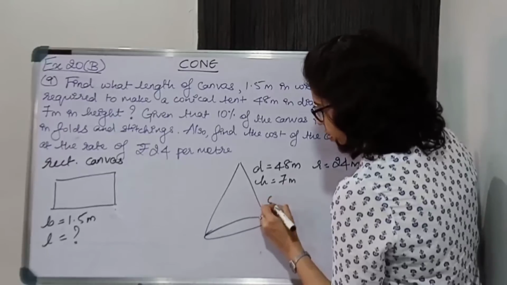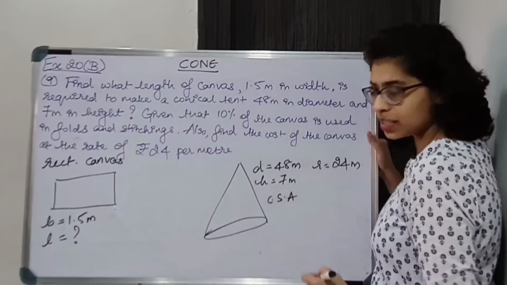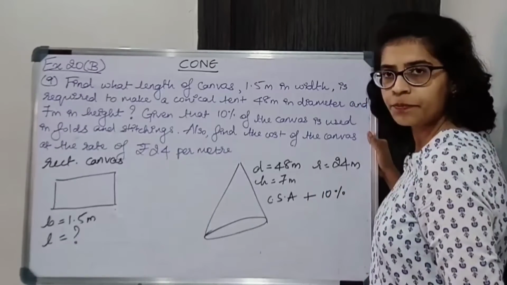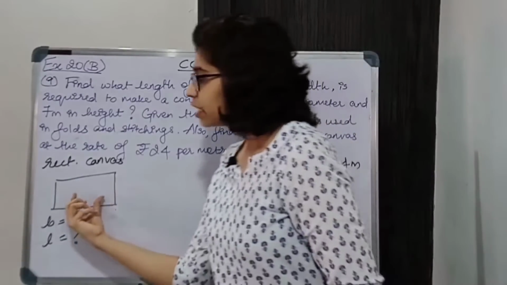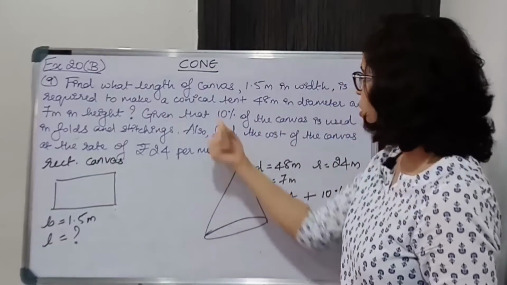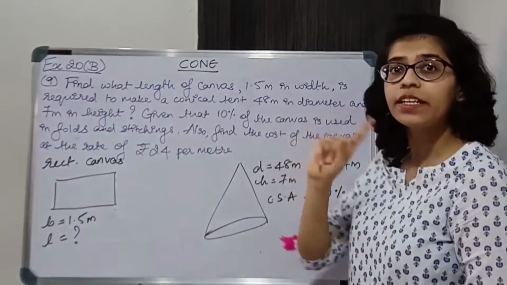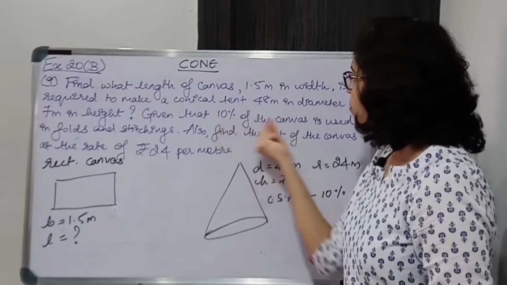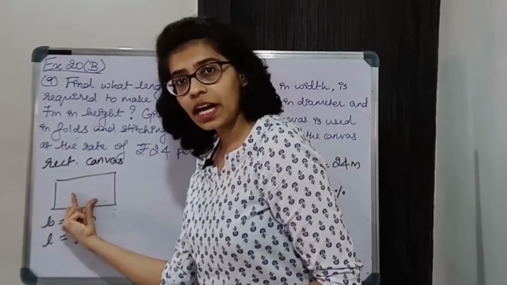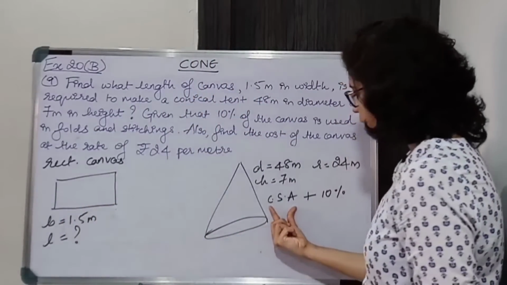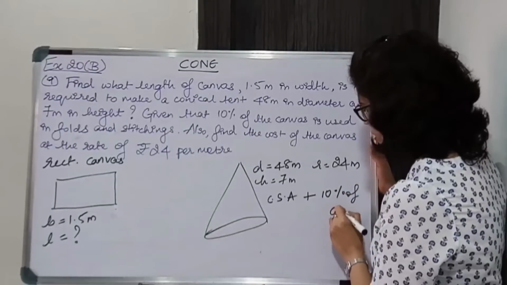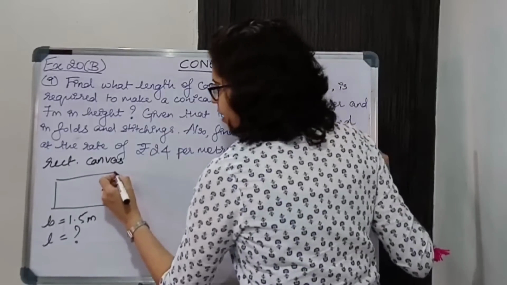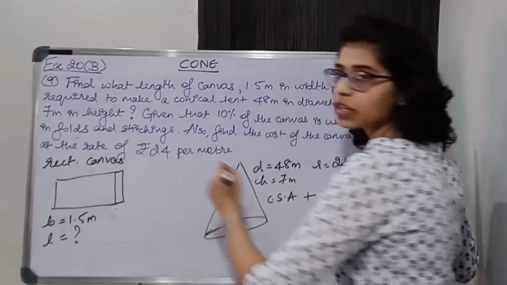So curved surface area of this plus the 10%, okay, 10% of इसका area, not इसका area, because given that 10% of the canvas is given, not the 10% of the conical tent का area. Okay, it is not given over here. 10% of the canvas, so 10% of this canvas. Okay, so CSA plus 10% of canvas. Okay, दोनों को मिला के पूरा ये 100% पता चलेगा, इसका पूरा area पता चलेगा.